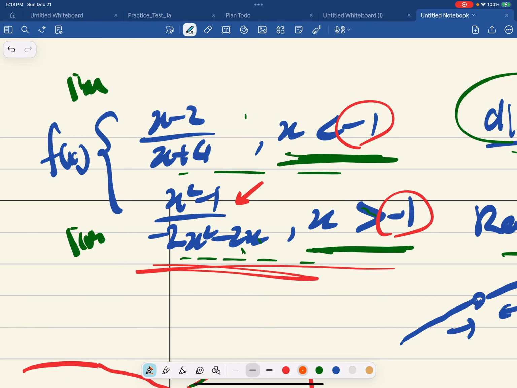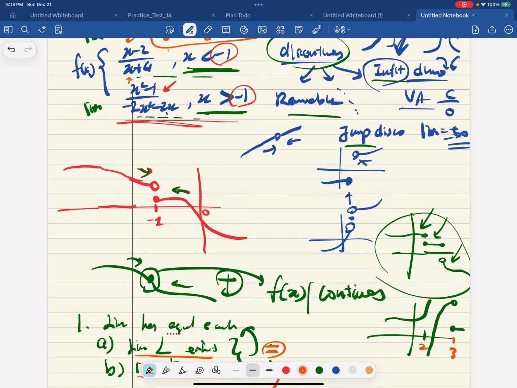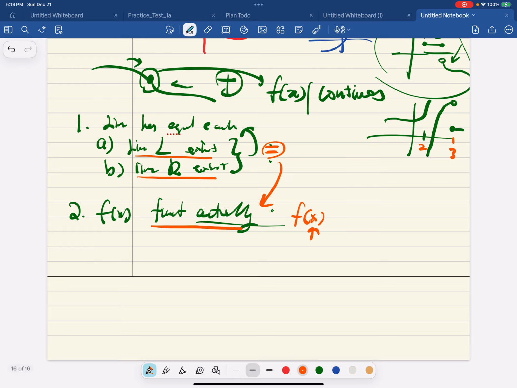So here, plug in -1 into the x, plug in -1 into the x. If it does not give 0 on 0, then it exists. Even if it's a 0 on a constant, that is 0, so that does exist. If it does not exist, or if it gives a different value, then it is discontinuous.